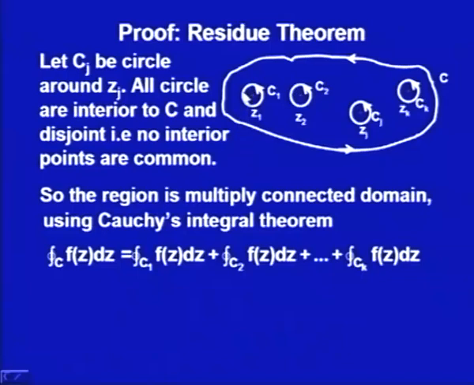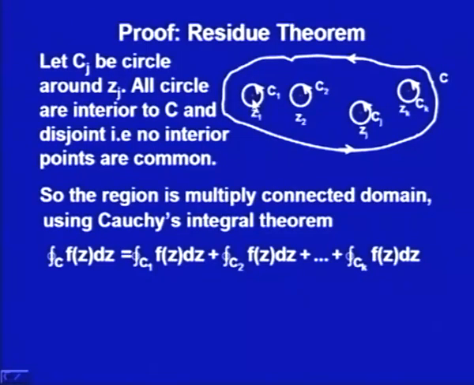Now, let us see these individual integrals. If I take this first integral, it is the integral of f(z) along this contour C1. This contour C1, if I see it in this positive orientation, we have that my function f is analytic throughout this region, on C1 and interior to C1, except at that point z1.